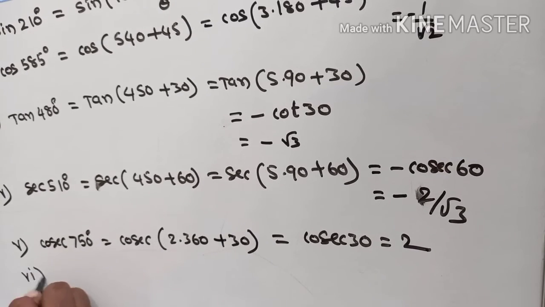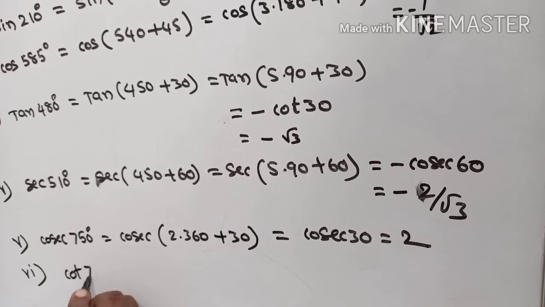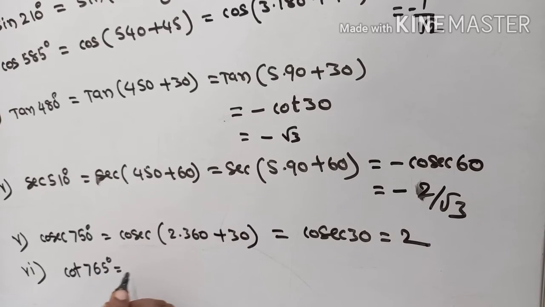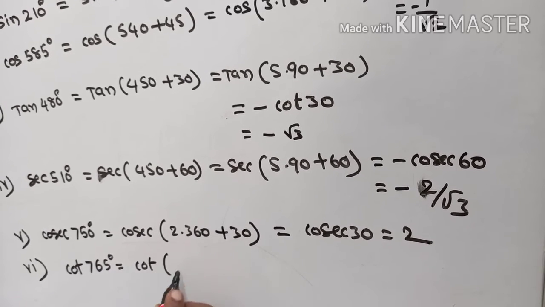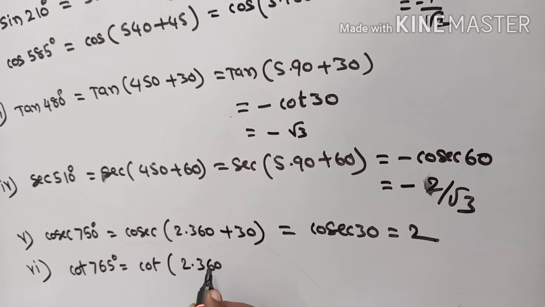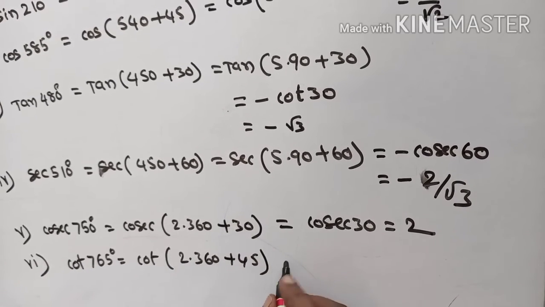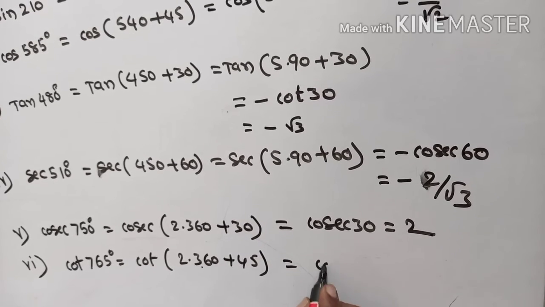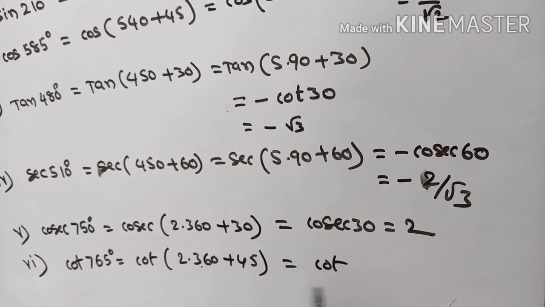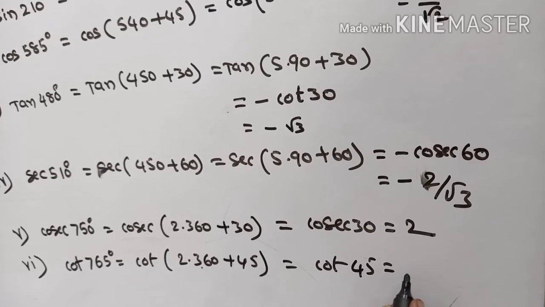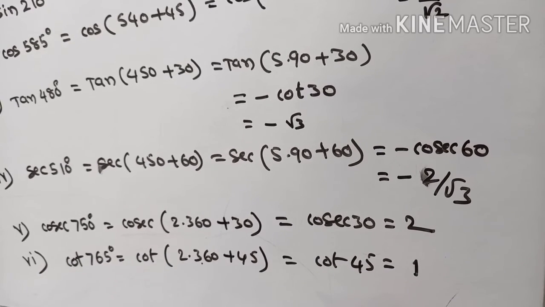Now sixth one, cot 765 degrees. Cot of 2 into 360 plus 45. Cot of 360 plus theta is cot theta, here it is an even digit, so positive, 45. Cot 45 value is 1.